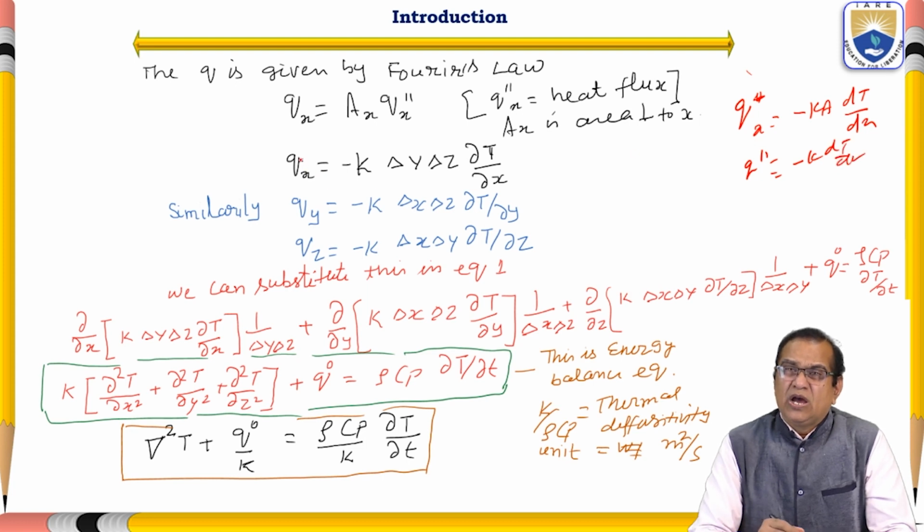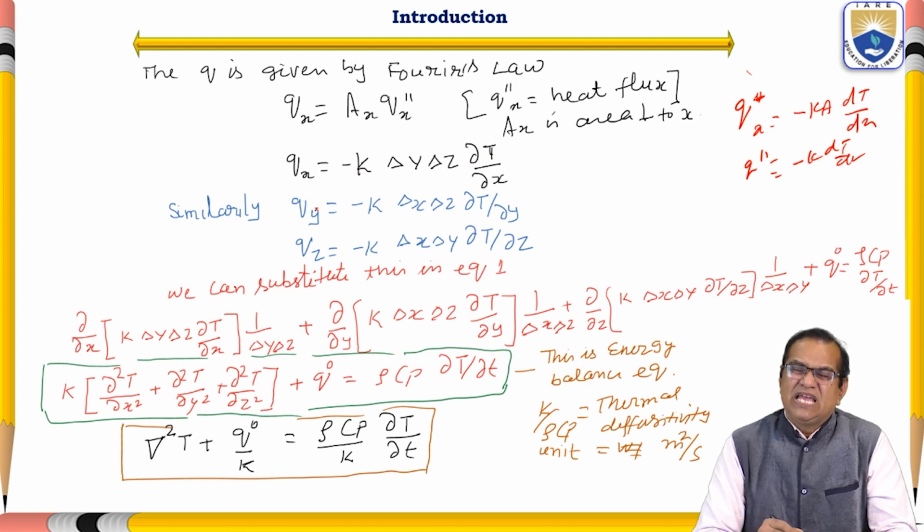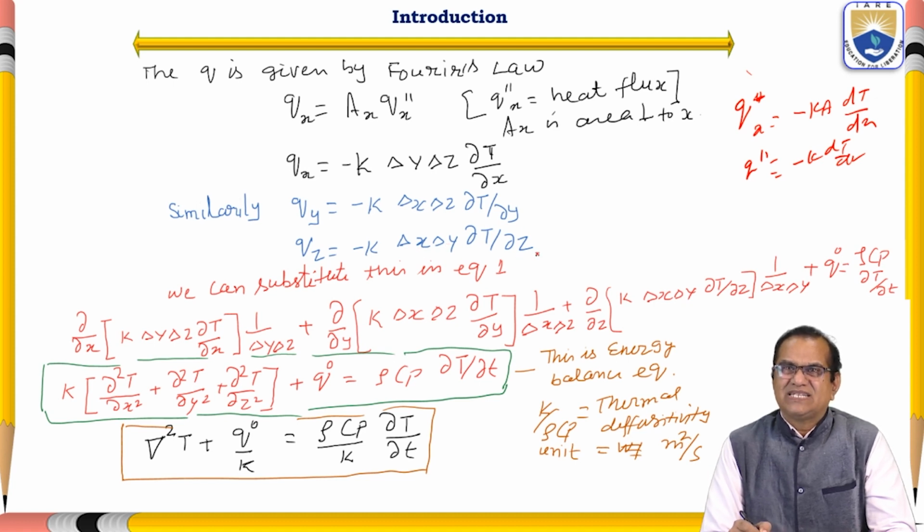So we will get Qx is equal to minus K dy dz del T by del x. Qy is equal to minus K dx dz del T by del y. Qz is equal to minus K dx dy del T by del z.